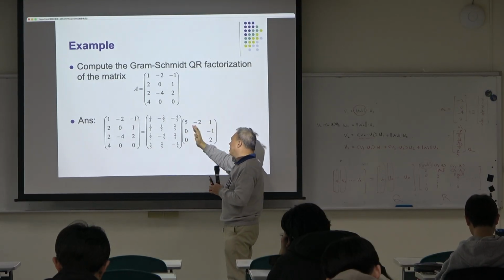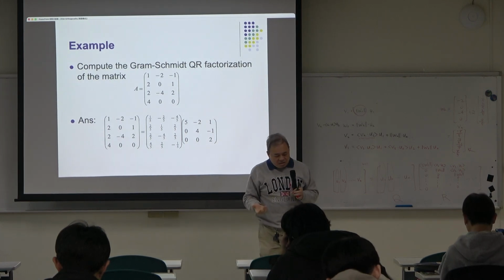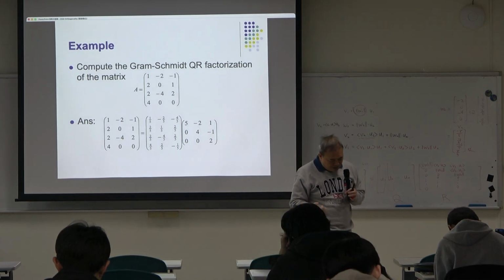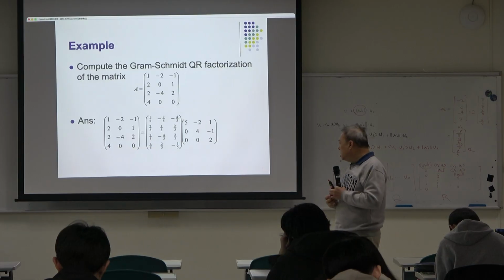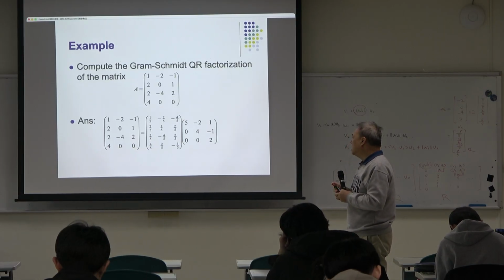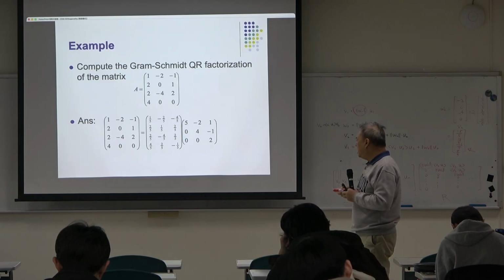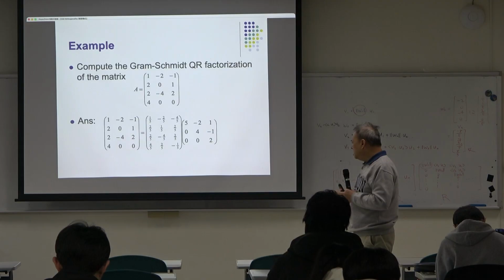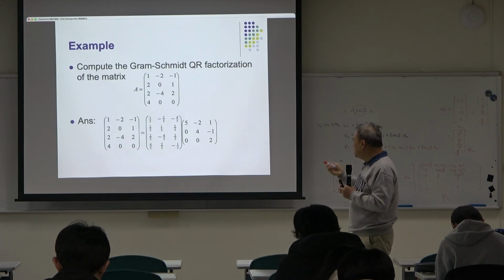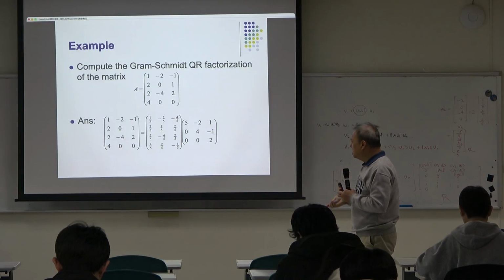Okay, I will stop here. The rest of it you can calculate by yourself. So basically, this factorization just represents Gram-Schmidt, the orthonormalization process.